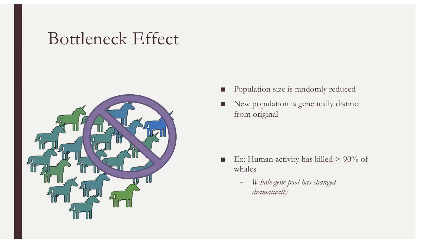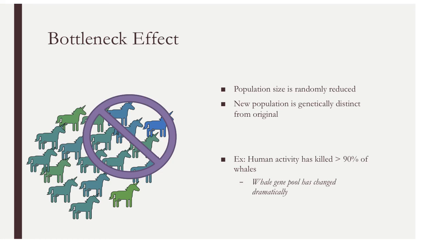And the other type is very, very similar, except for here, we're killing a bunch of organisms. So in the bottleneck effect, if a whole bunch of the population dies off, then what you're left with is likely to have a different allele frequency and a different gene pool than what you originally had. Of course, humans suck. We know this. We've killed almost everything on Earth.